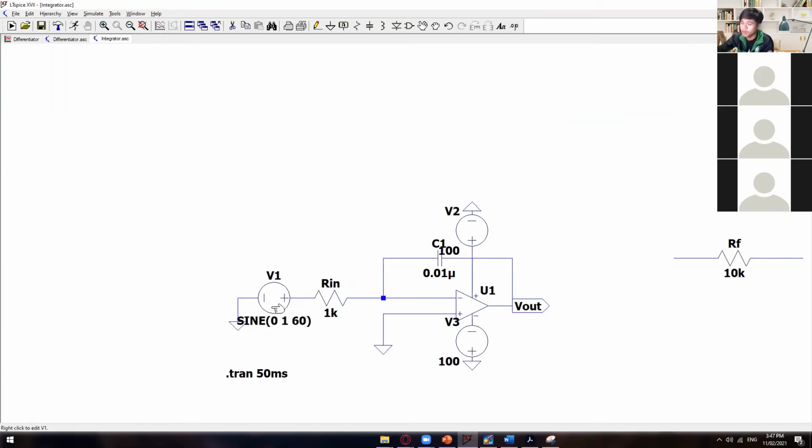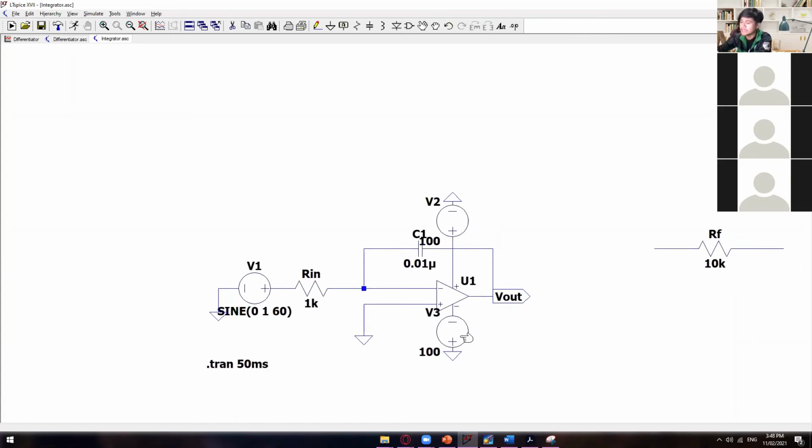We have a 1 volt input at 60 hertz, and then we have the input resistance, Rin, which is equal to 1K. And then we have the capacitance, which is equal to 0.01 microfarad. And then we have the real voltages, 100 volts peak to peak, and 100 volts for the negative. And this one is running for 50 milliseconds.